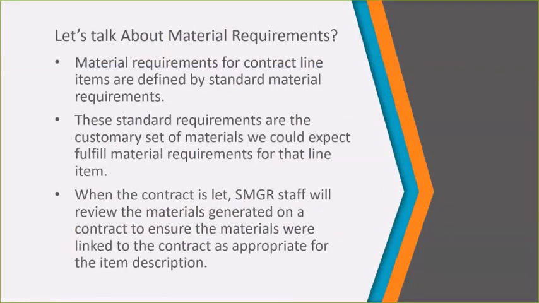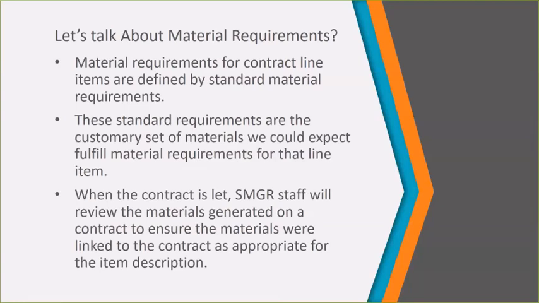So we'll talk a little bit about universal material requirements. We'll start with material requirements. Our contract material line items are defined by standard material requirements. These standards are a general set of materials that we would expect to find on a contract line item.